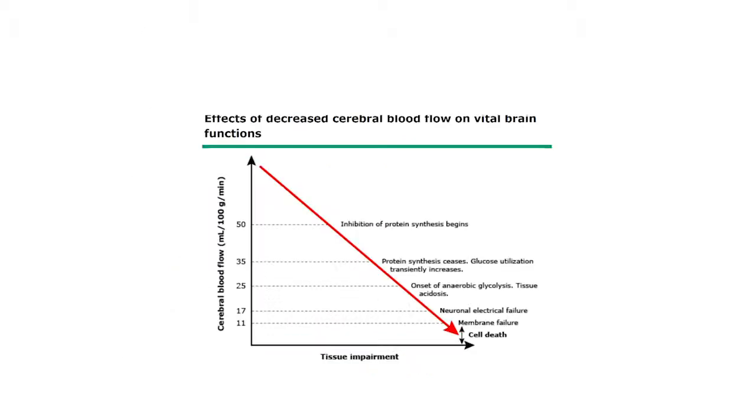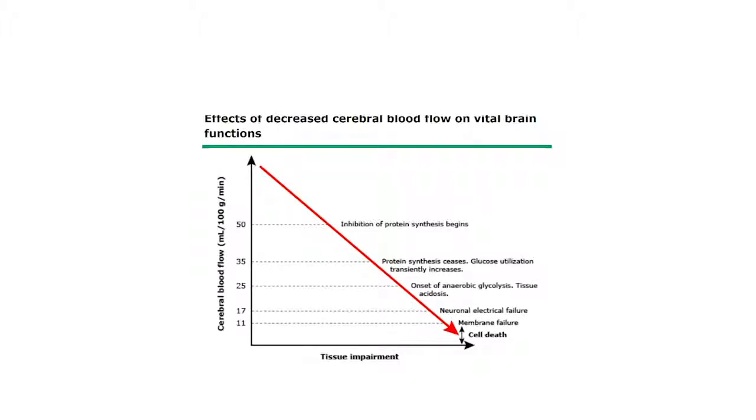Okay, so a decrease in perfusion pressure of the brain beyond the ability to compensate results in, of course, decreased cerebral blood flow. So initially, oxygen extraction is increased in order to maintain levels, but as the cerebral blood flow continues to fall, other mechanisms come into play.